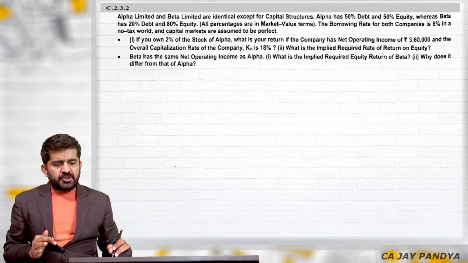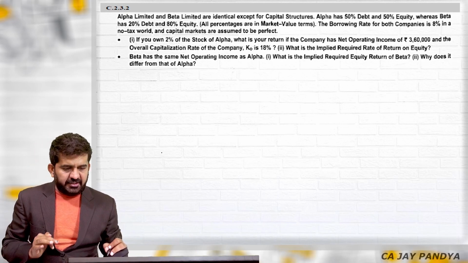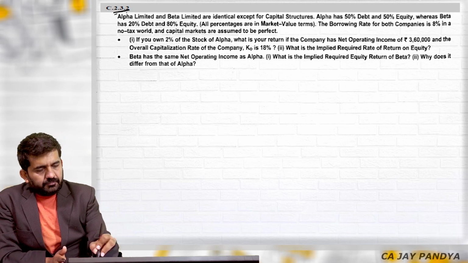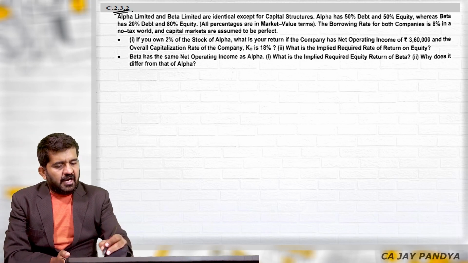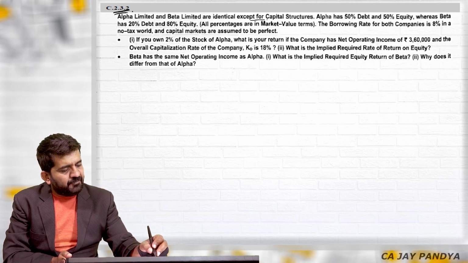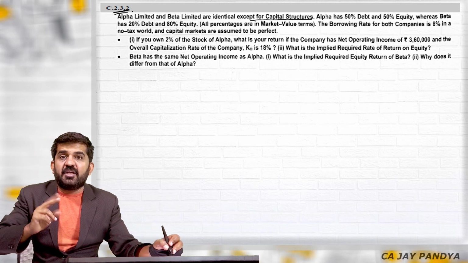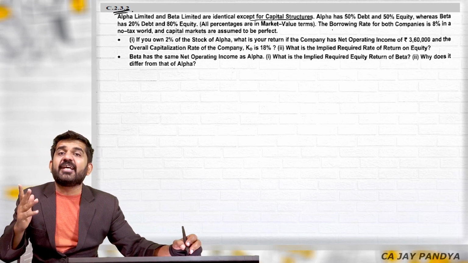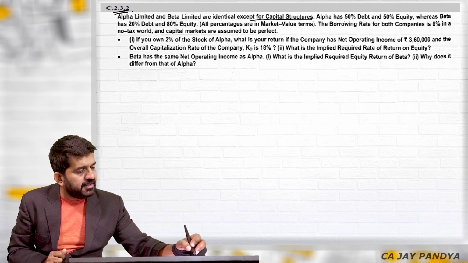We are going to some questions on capital structure theories. First is C 2.3.2. Alpha Limited and Beta Limited are identical except for capital structure. Then only we can compare these two companies, if they are identical and only their capital structure is different.